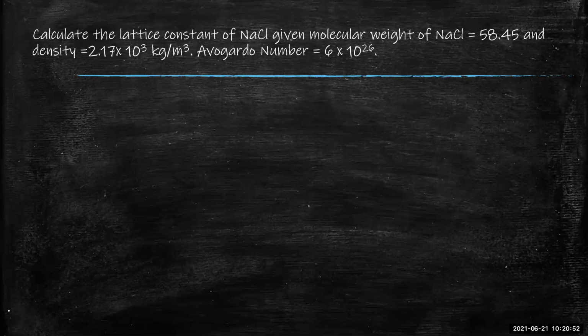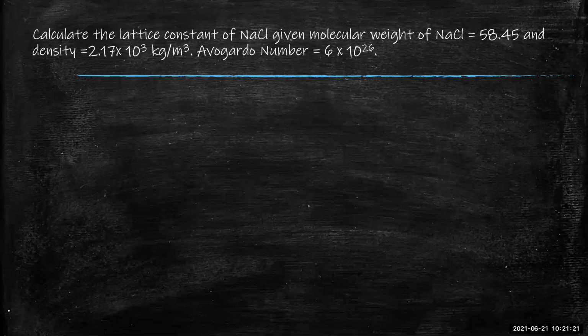If the Avogadro number is given as 10 raised to 26, the weight will be in unit kilogram.